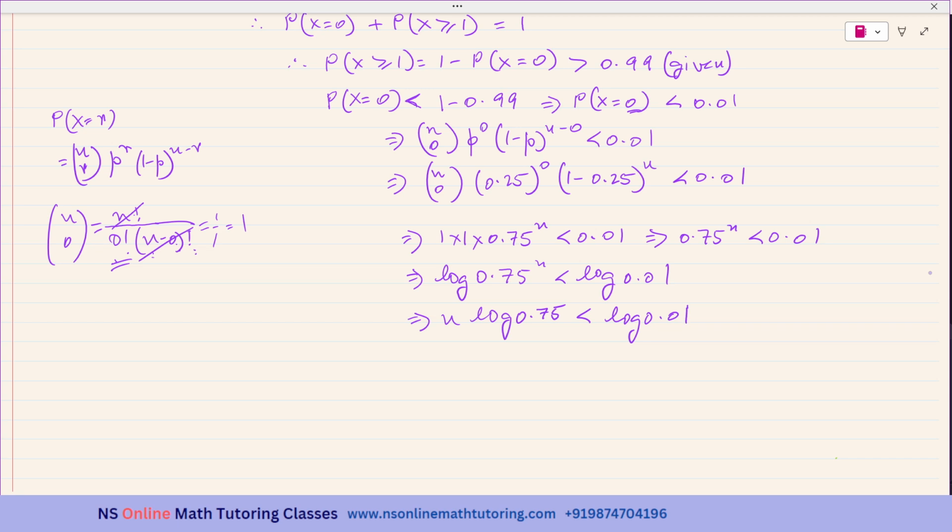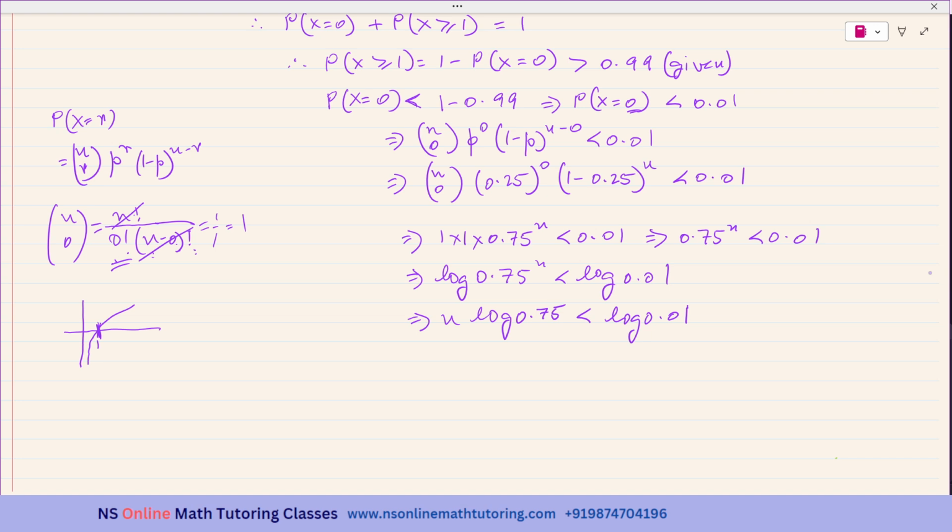Okay. And now we have to divide both sides by log of 0.75. You have to remember that log of 0.75 is a negative number, because if you remember the graph of the log, it is like this. This is 1. Log of 1 is 0. It crosses the x-axis at this point, 1, when x equals 1.